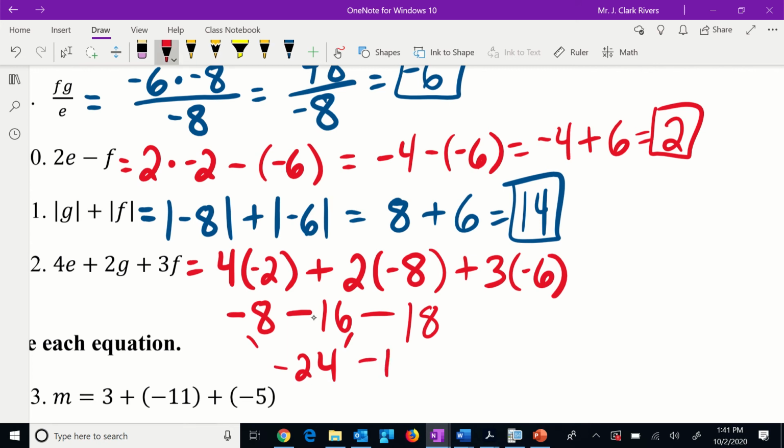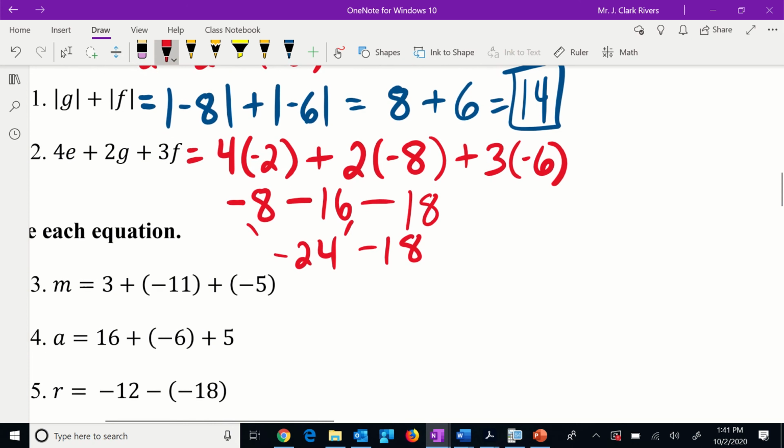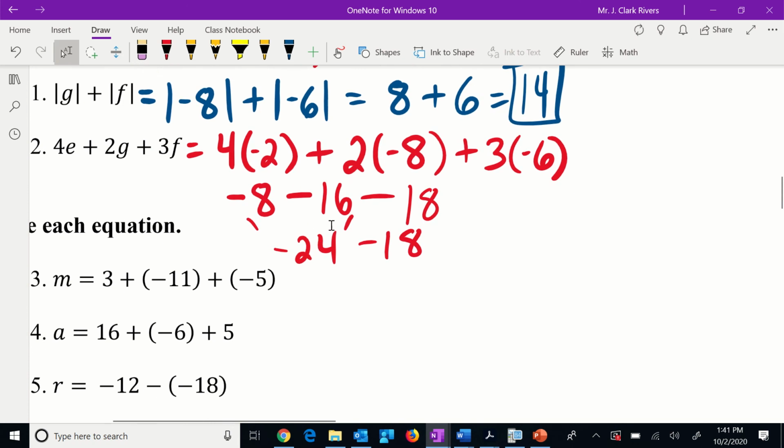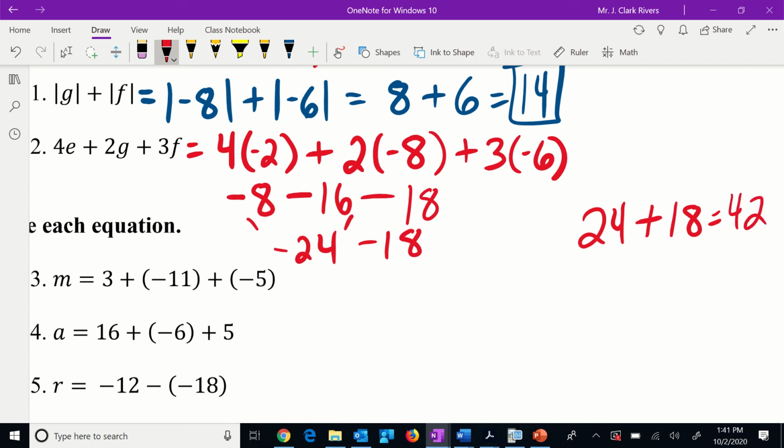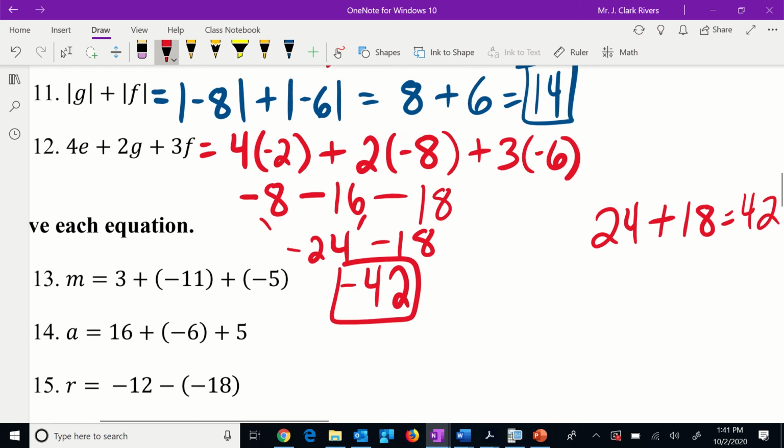Carry down the minus 18. Okay. Again, negative 24. This is the same thing as plus negative 18. That's the same thing as 24 plus 18, except the signs are going to be completely flipped. What's 24 plus 18? It's 42. Well, this is going to then be negative 42. So negative 42 there on number 12.